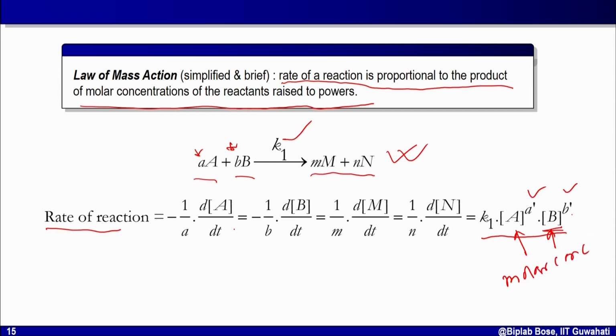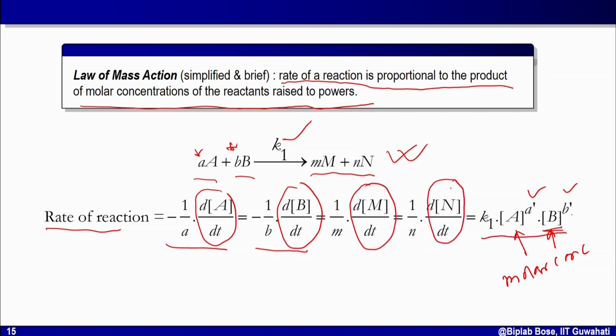An individual rate, the rate of change of A, is given by this. The rate of change of B is also equal to this, but its formulation will be different. dM/dt is the rate of change of M and dN/dt is the rate of change of N. And remember, each of them is divided by their stoichiometric constant. And notice the sign here.